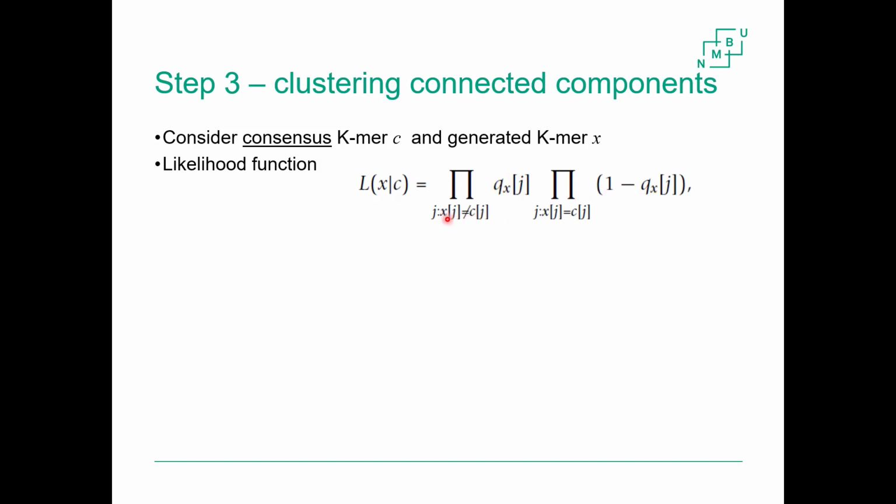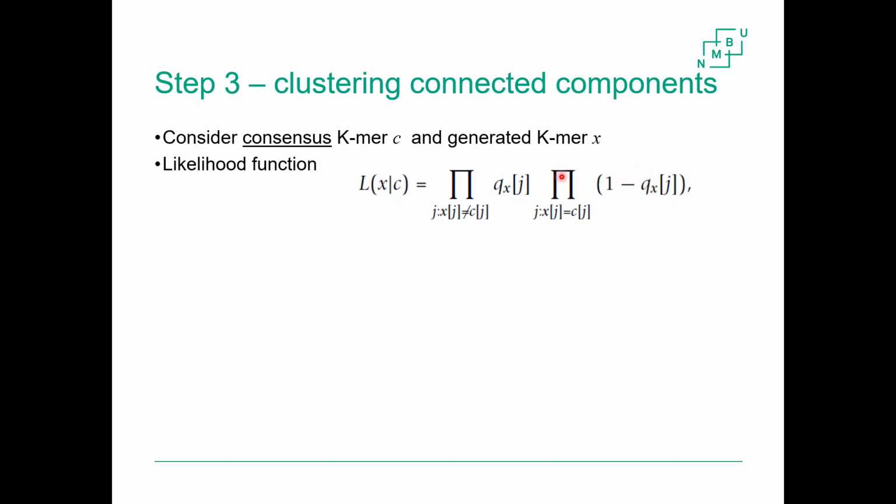So if there is a difference between the k-mer and the consensus sequence, we presume it's due to sequencing errors, so we multiply the probability of sequencing error in those cases. If, on the other hand, the k-mer is identical to the consensus sequence, then there has been no sequencing error, so we multiply 1 minus the error probability instead. This is the probability of not having an error, right?